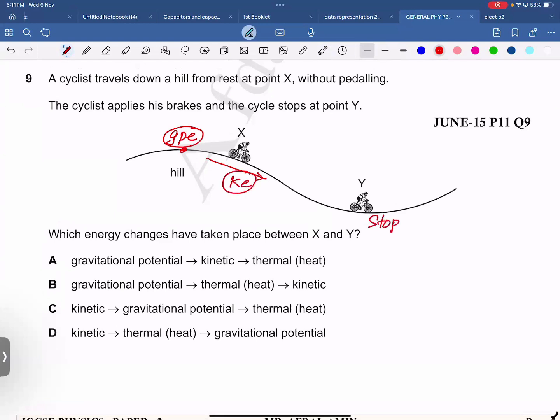When you stop, it is lost as heat. So your right sequence is GPE, kinetic, heat. GPE, yes. Kinetic, yes. Heat, yes. Correct option is A. Whenever a body slows down due to friction or braking force, energy is lost in the form of heat. Option A.